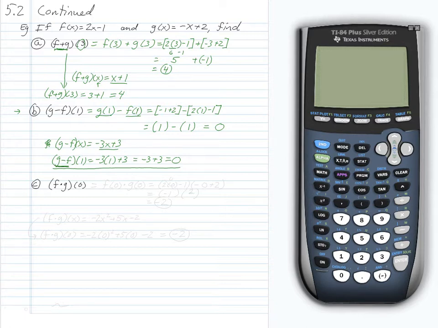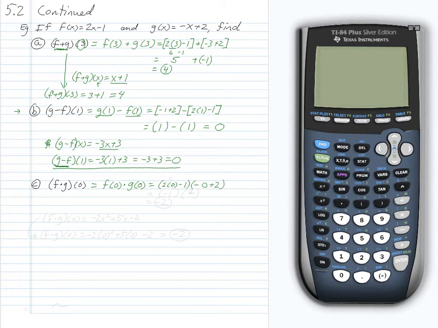Alright, we'll look at one more. F times g of 0. We could think of that as f of 0 times g of 0. Again, referring back to that first definition in this section. Now, f of 0, that would be 2 times 0 minus 1. And we're going to multiply that by g of 0, which is negative 0 plus 2.